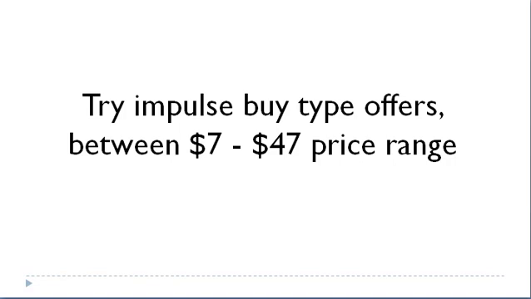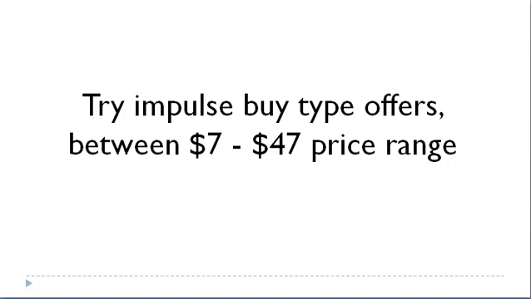But with direct sales offers, you'll probably want to try impulse buy type offers between the price range of $7 and $47. Stuff that's really easy for them to say yes to. I haven't seen a lot of people be real successful with sending direct traffic to offers that are above that price range. I'm not saying it doesn't work. I'm just saying that you might want to consider trying impulse buy type offers first.